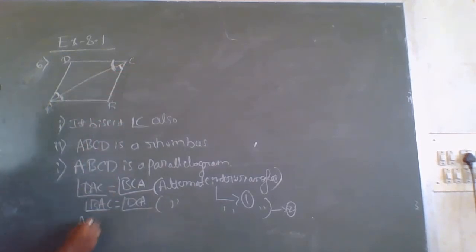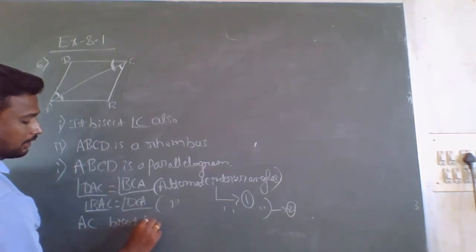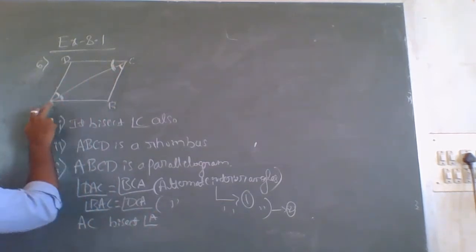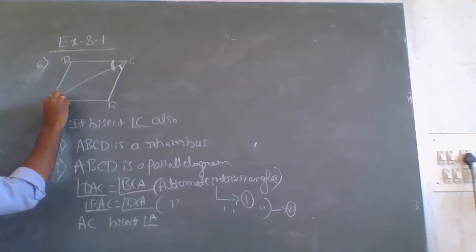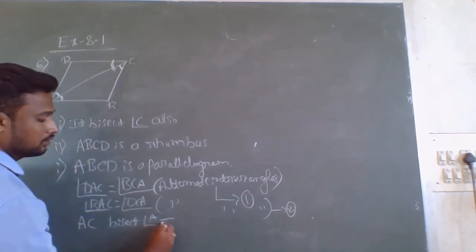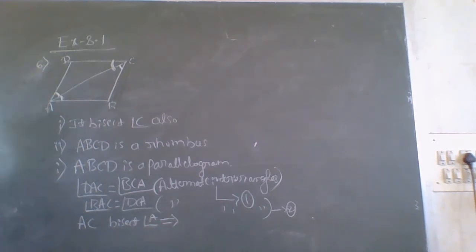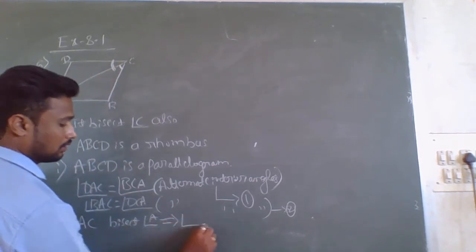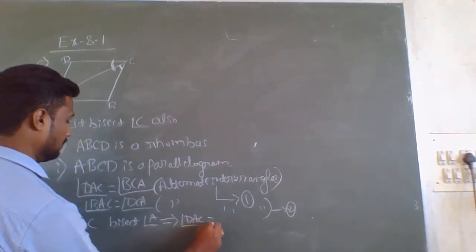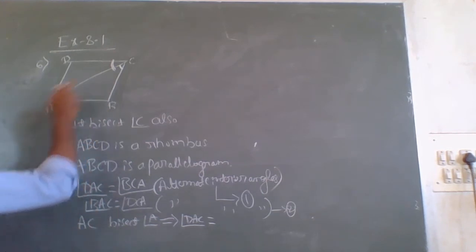And we know what is given: AC bisects angle A, which means these two angles are equal. Therefore I will write angle DAC equals angle BAC.